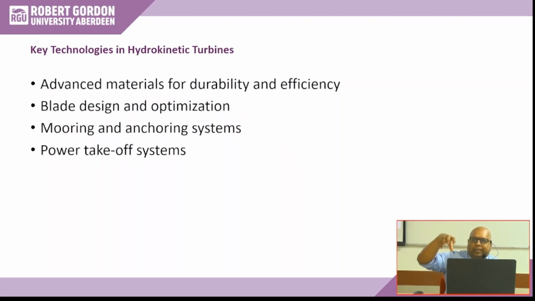And if you run it in parallel, say we have a system with hydrokinetic turbines plus solar energy, the hydrokinetic turbine runs over 24 hours, right? If the water is flowing, you can generate electricity, while with solar energy you are producing maybe 6, 7, 8 hours.